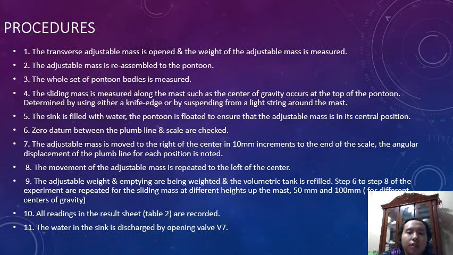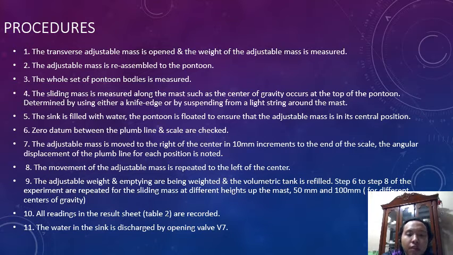This is the procedure for this experiment. First, the transverse adjustable mesh is opened and the weight of the adjustable mesh is measured. Number 2, the adjustable mesh is reassembled to the pontoon. Number 3, the whole set of pontoon body is measured.